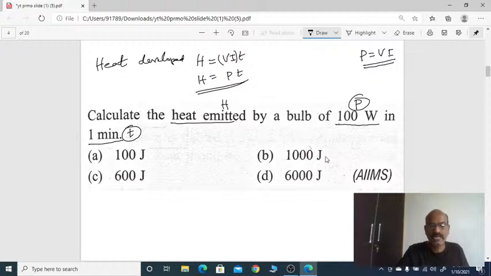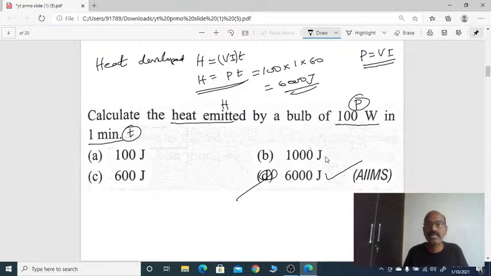It's a correct one. 1 minute is given, so 60 seconds. So power is 100 watt into time 1 minute, 1 into 60. That's it. You will get 6000 joule. So D is the correct answer. Yes, let us move to the next question. Here it is.